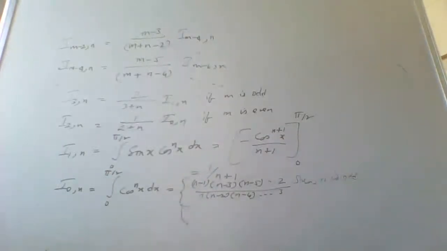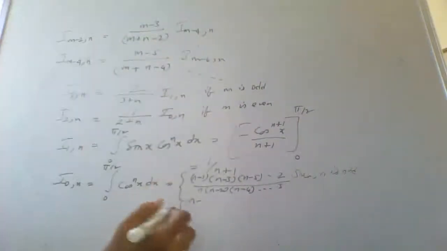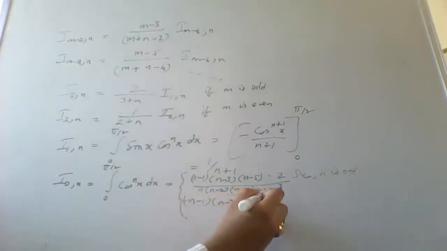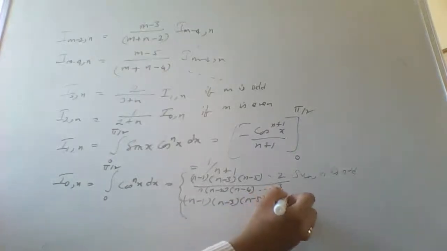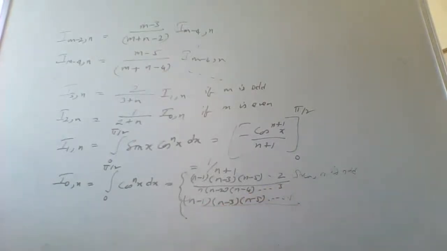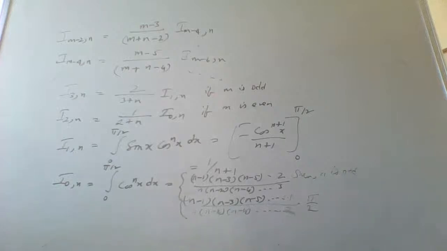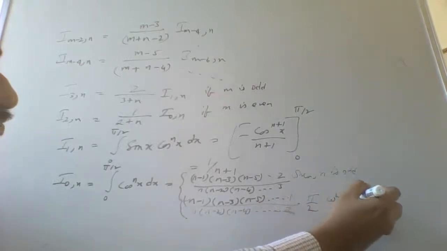Now you will have n minus 1, n minus 3, n minus 5 and 3, into 1 divided by n into n minus 2, n minus 4, and so on, into 2, into pi by 2, when n is even.